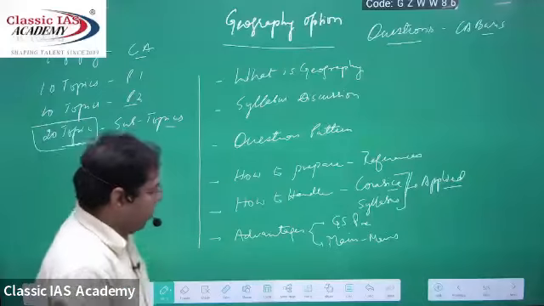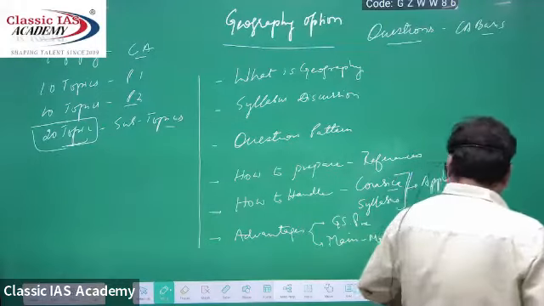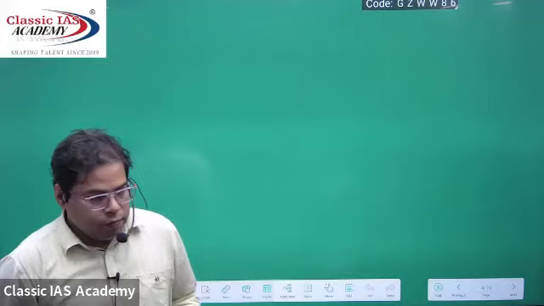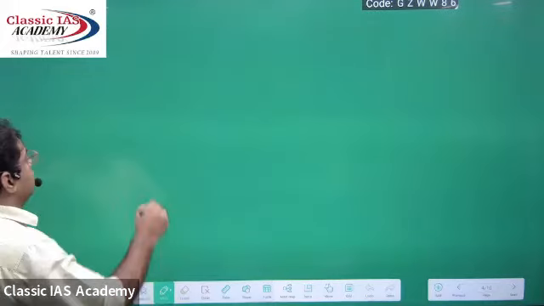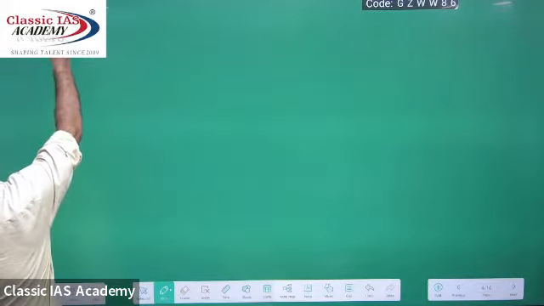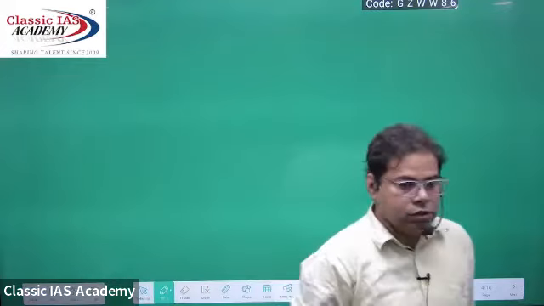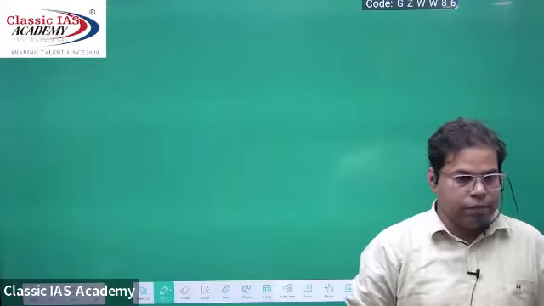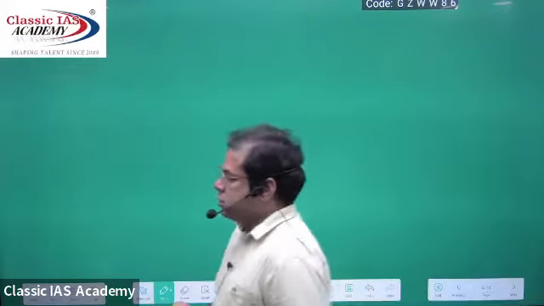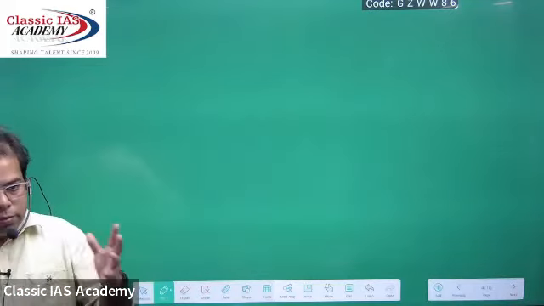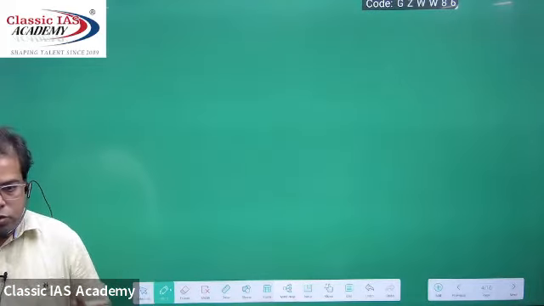Now, why do we select this optional? Or any optional, when we select, we always look at the GS section. The optional should have a contribution in the GS. GS itself has no limited syllabus or boundary.